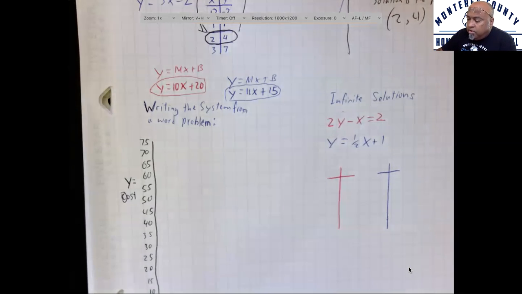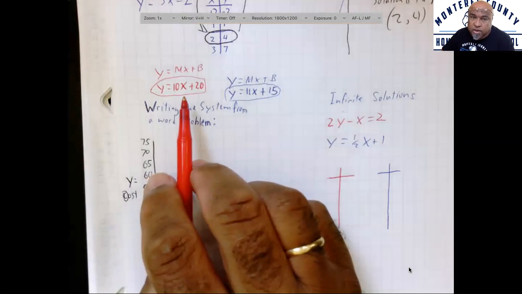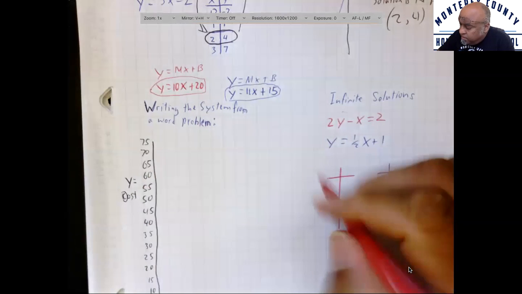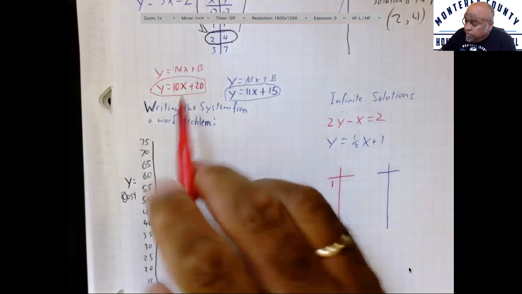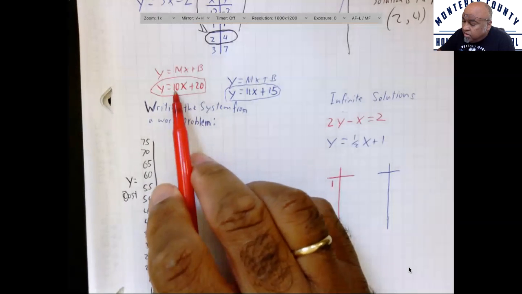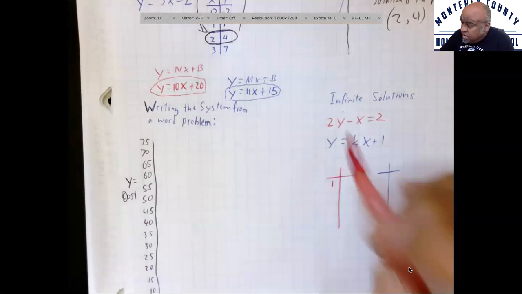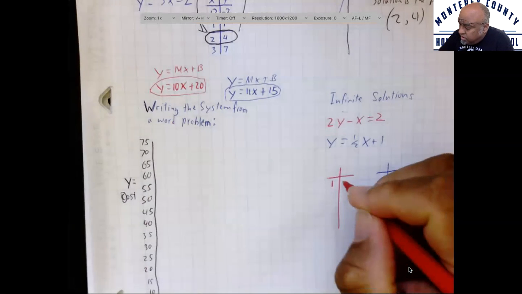There's really no reason to start with 0 on this one because why start with the 0 month? So I'm going to start with 1. So in the first month would be 1 times 10, so I pay $10 for the service plus $20 for the activation fee. So 10 plus 20 is 30.